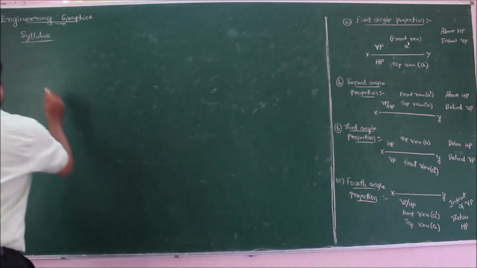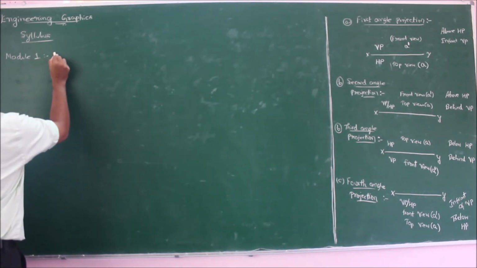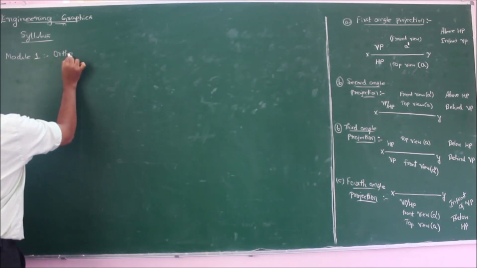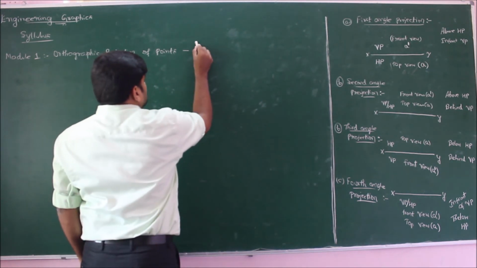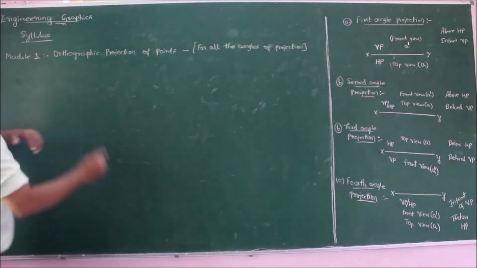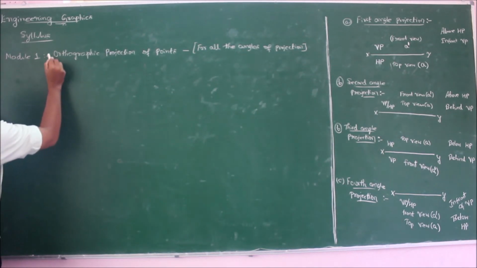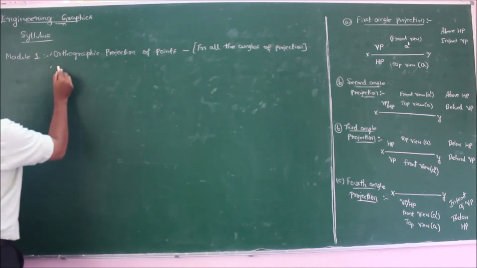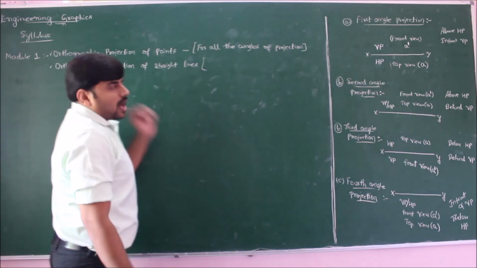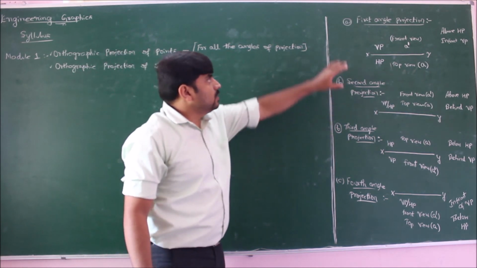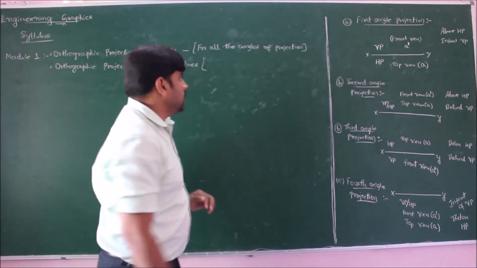In module 1, we will be dealing with orthographic projection of points for all these angles of projection. Next, the second topic in module 1, we will be dealing with orthographic projection of straight lines. For orthographic projection of straight lines, we will be using first angle projection only.